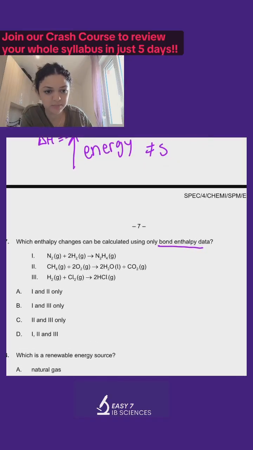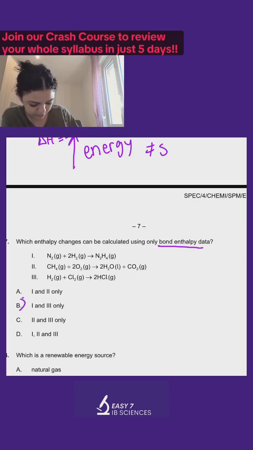Okay, some people are saying B, some people are saying C. So if you said B, you're correct. The reason is because, can someone tell me what type of reaction this is? You should be able to recognize this. What is it when you burn something in oxygen? Combustion, exactly.